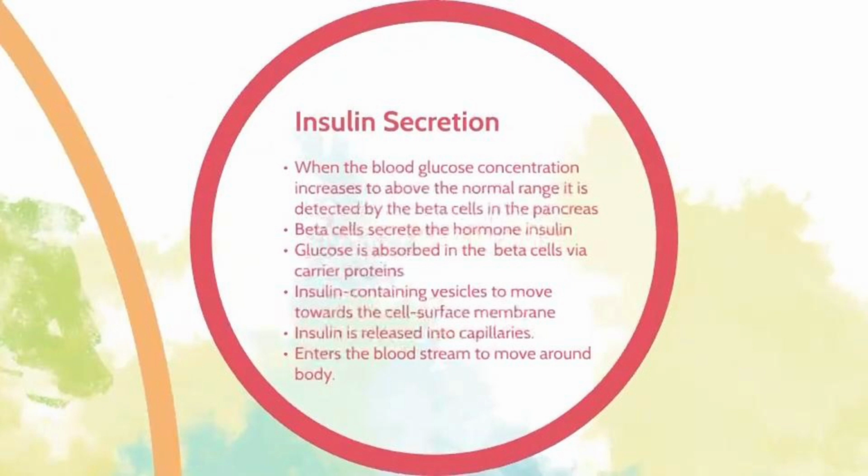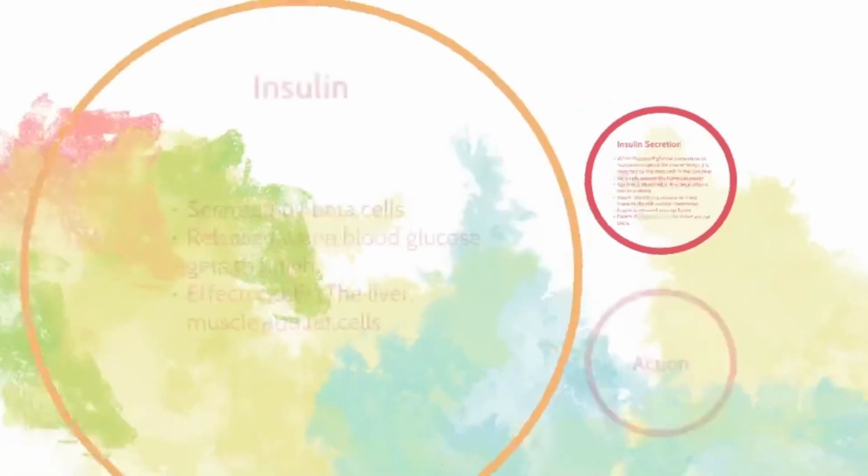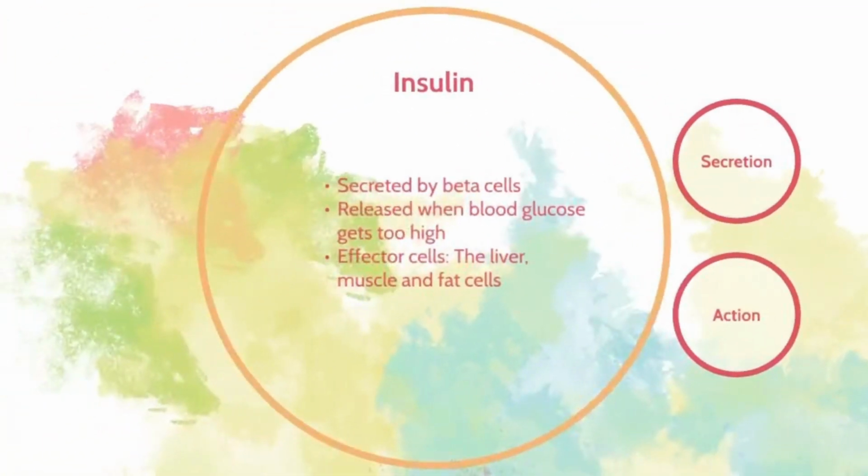So then once the insulin is released from the beta cells, it goes into the bloodstream and circulates around the body, and then can act on its effector tissues, which, as I said earlier, are the liver, muscles, and the fat cells. And this stimulates the uptake of glucose by these cells to reduce the levels of glucose in the blood.